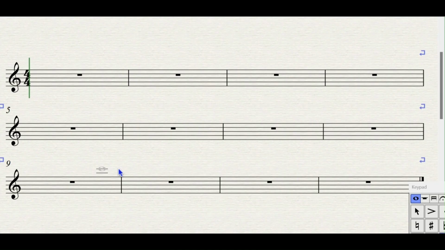We're going to take a look at the notes that are on a space ledger line. So I'm going to put the notes on a stave.